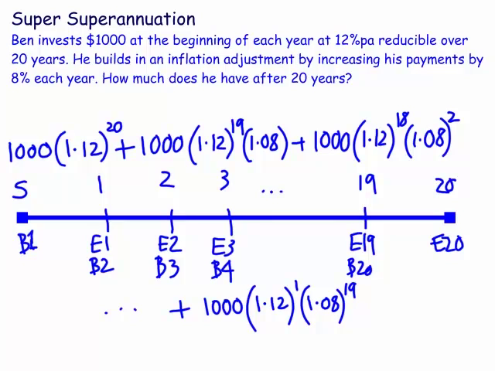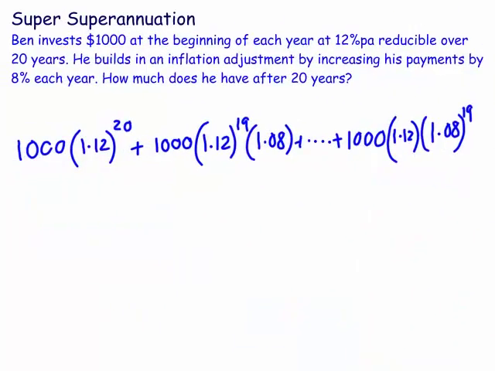We are going to try and extract out $1,000, which we can see is a common factor, and then have a quick look at the geometric series left. Before we extract, I think I'll put a times 1 in here as well. So the first thing we're going to do is take out $1,000.